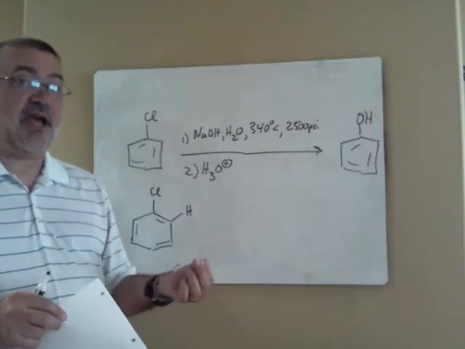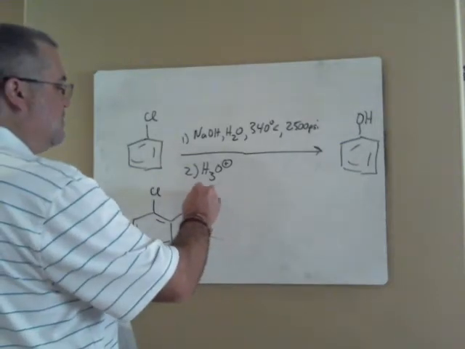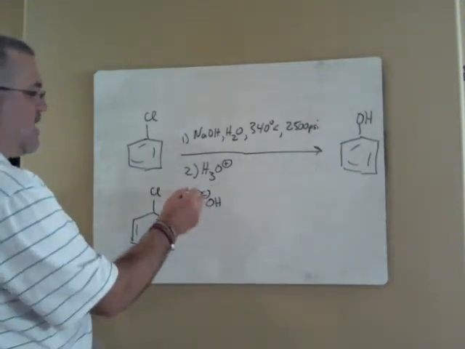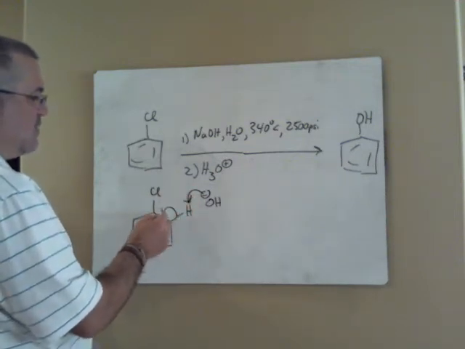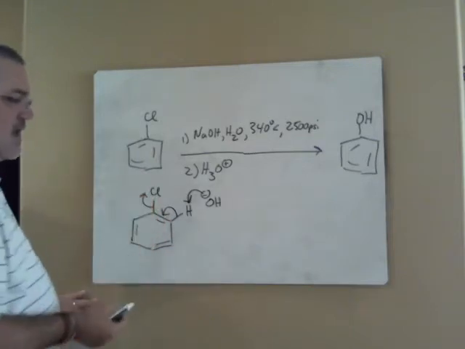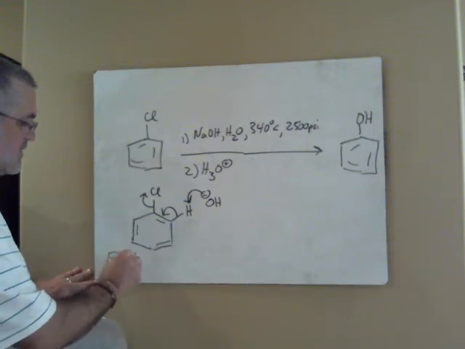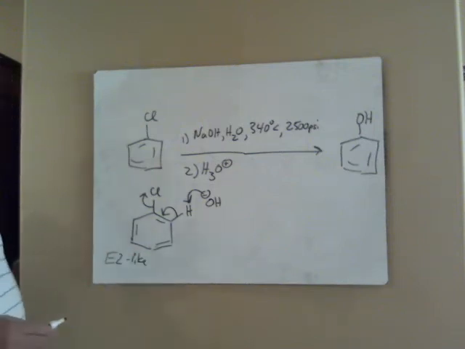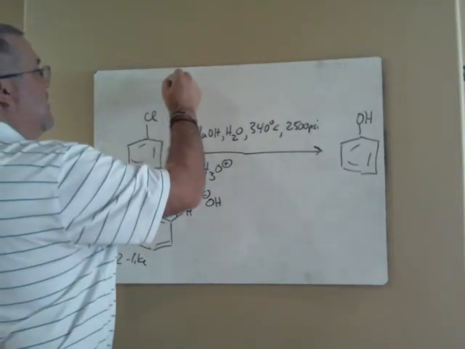They can do eliminations. And so basically what happens in this case is the OH minus acts as a base. And it pulls off that proton, moves these electrons in, and kicks off the chlorine. So this is kind of E2-like. It's not a substitution. So actually this mechanism is an elimination first.